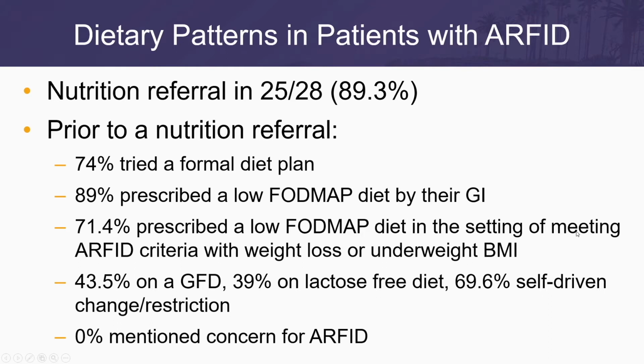Of those patients, 89% were referred to nutrition. Of course, Michigan is very focused on dietary modifications in these patients, so it's not surprising they had a high referral rate.